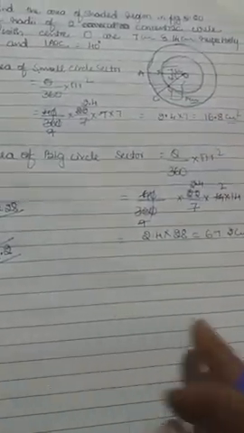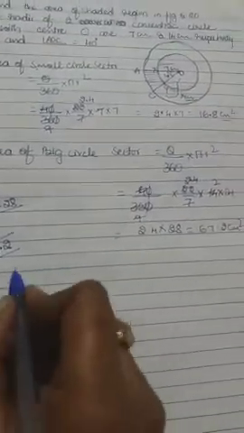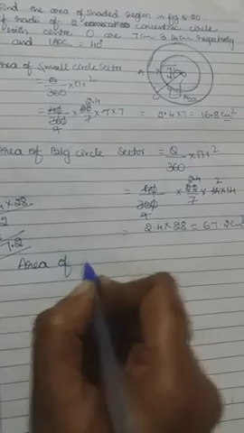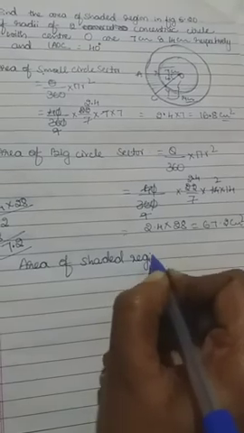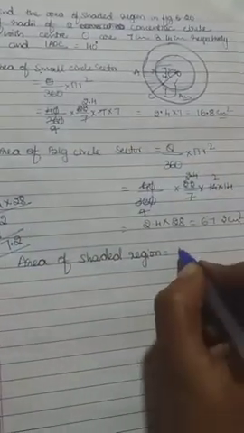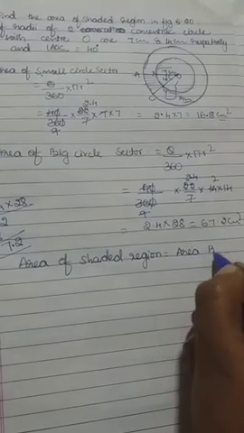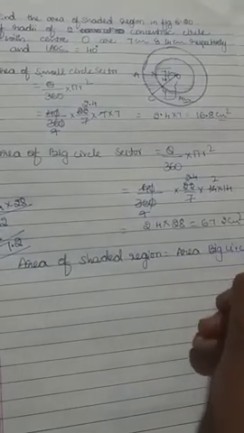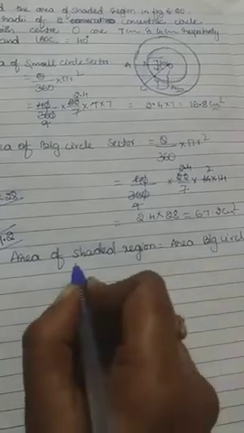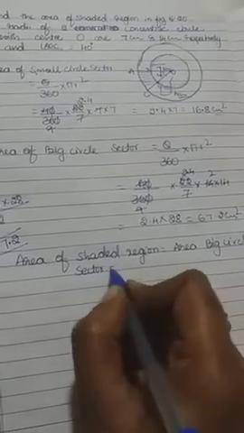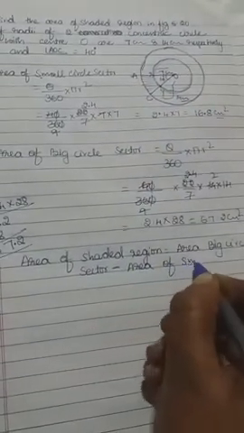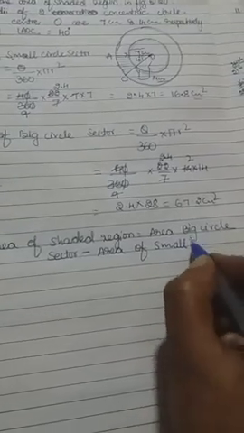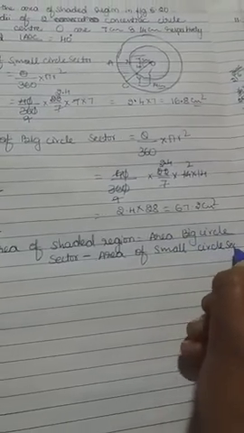Now that is the area of the small sector. Next we have to take the area of the shaded region. This region, area of the shaded region, is first the area of the big circle sector minus the area of the small circle sector.